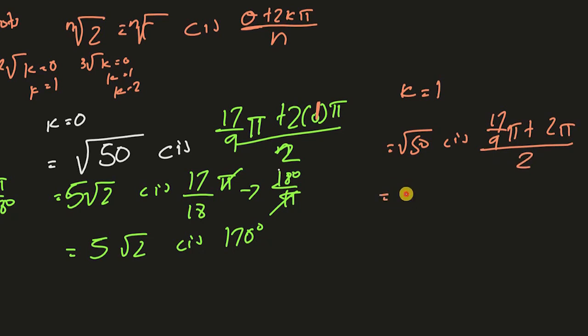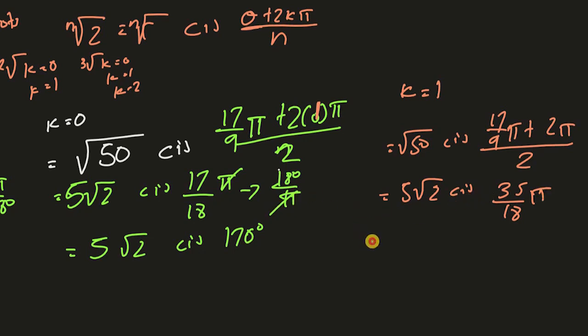So square root of 50 is 5 square root of 2 CIS, 17 over 9 plus 2 is 35 over 9 pi, divided by 2 is 35 over 18 pi.